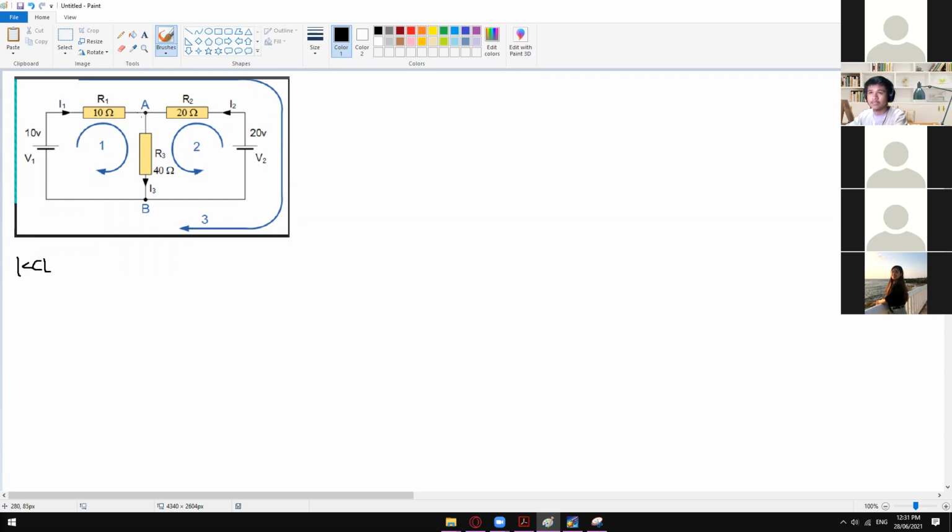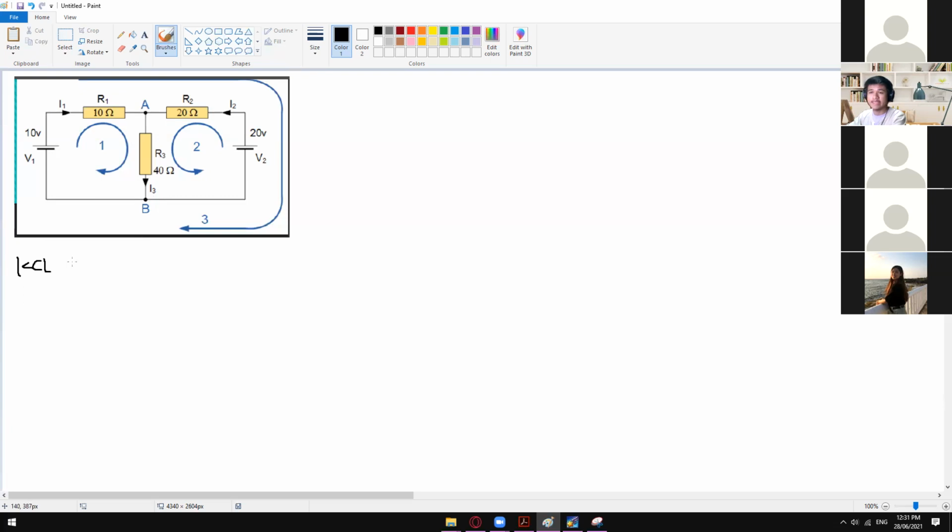In here, this node is connected with R1, R2, and then R3. The rest just have two components on each path. But this one has three branches to be exact. The more branches a node is connected to, the more reason to call it a super node. The rest are just normal nodes.